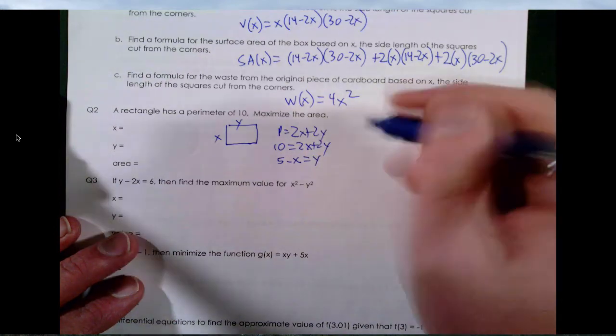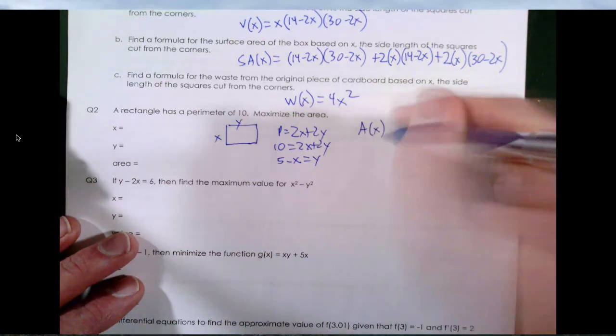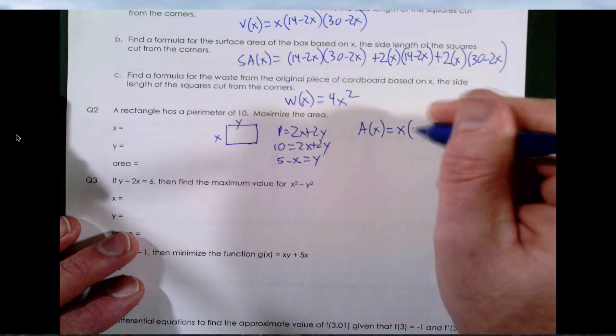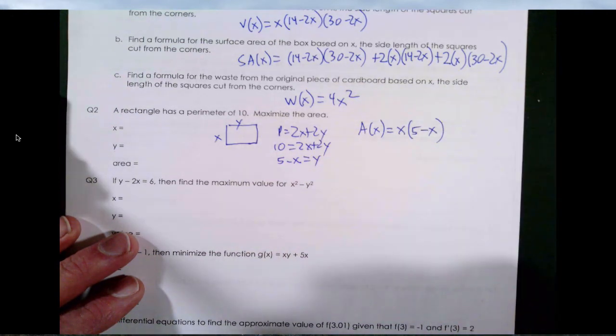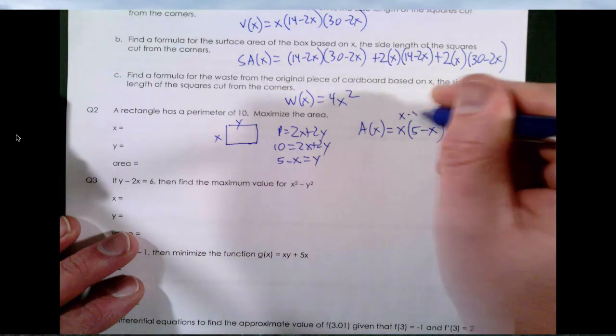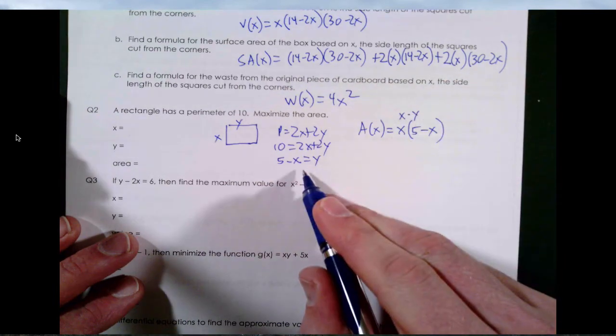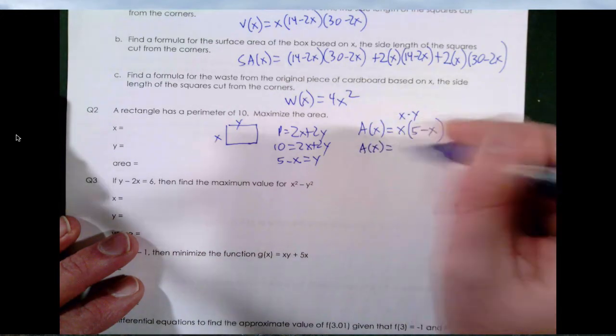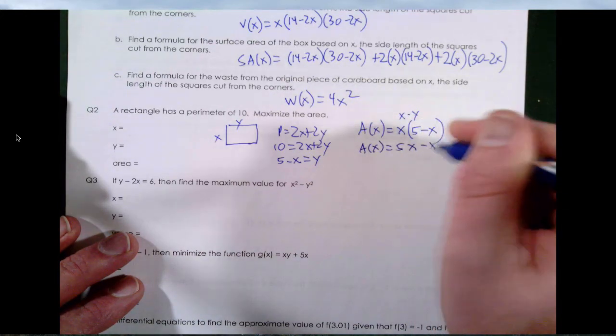Now the area is x times y, and we're going to replace y with 5 minus x. Let's clean that up: we have 5x minus x squared.